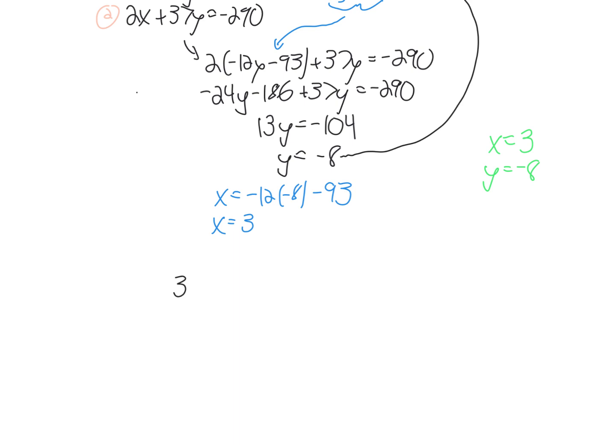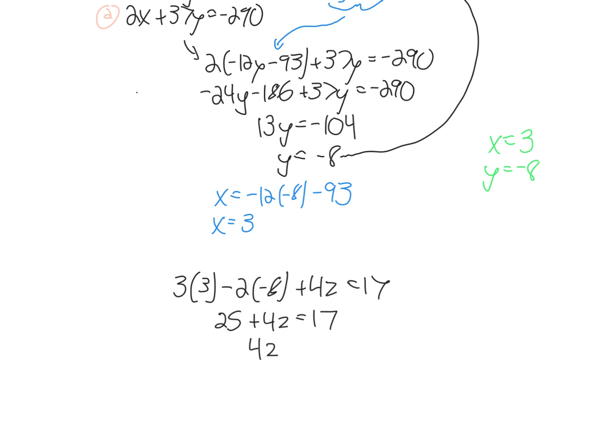So we're going to do 3 times 3 minus 2 times negative 8 plus 4z equaling 17. Then we get 25 plus 4z equals 17, 4z equaling negative 8, or z equals negative 2. And so we get a total of x equaling 3, y equaling negative 8, and z equaling negative 2.